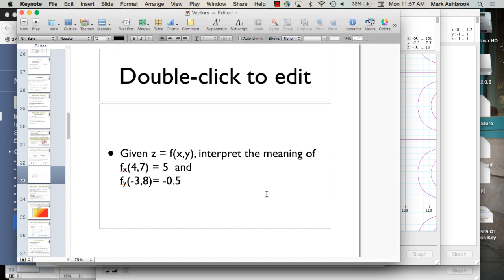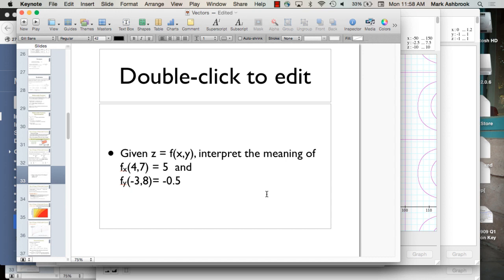So keeping y fixed at 7, given a small change in x close to x equals 4, the change in z will be 5 times that change in x.